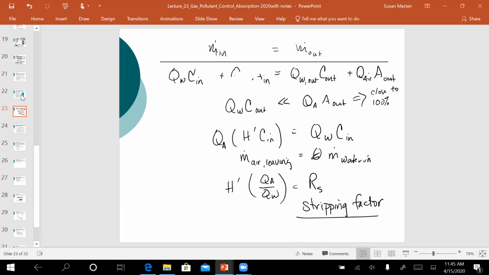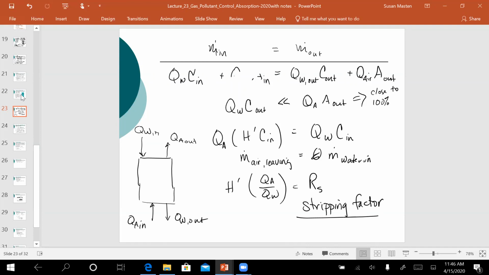Now, if we look back at the airstream, so we have QA out, and we have QW in, and then we have QW out, and I just wrote this backwards, QA in.